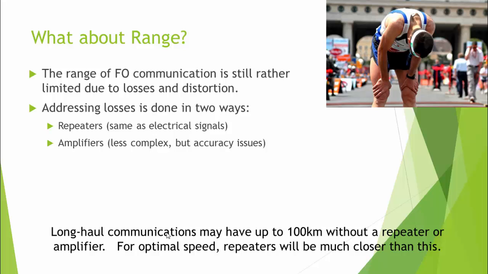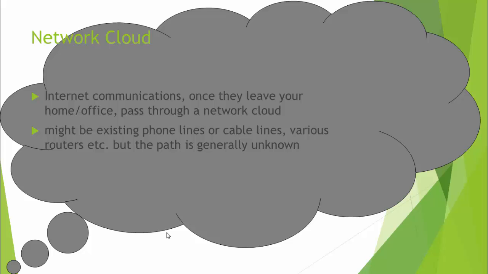But it's a very different beast with fiber optics versus Ethernet cables. Long-haul communications can go up to 100 kilometers without a repeater or an amplifier. If we want faster speed, we'll put the repeaters closer together, but still much, much further apart than 100 meters.